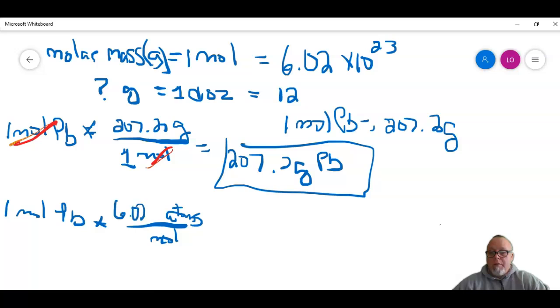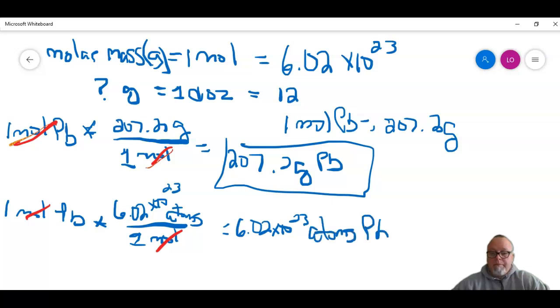We know there are 6.02 times 10 to the 23rd atoms in 1 mole of anything. So we can cross out mole and we are left with 6.02 times 10 to the 23rd atoms of lead.